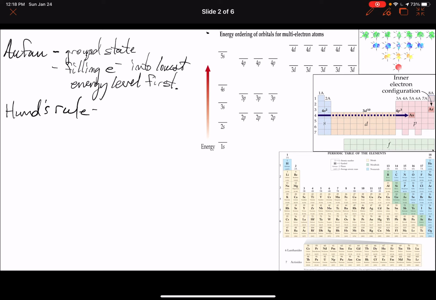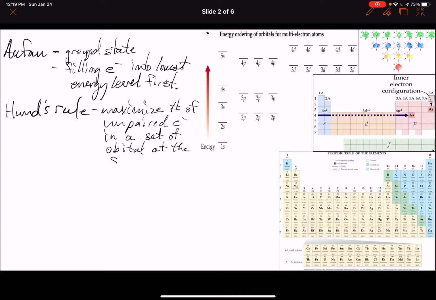So Hund's rule is maximize the number of unpaired electrons in a set of orbitals at the same energy.